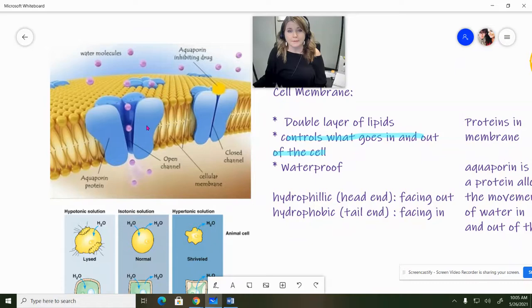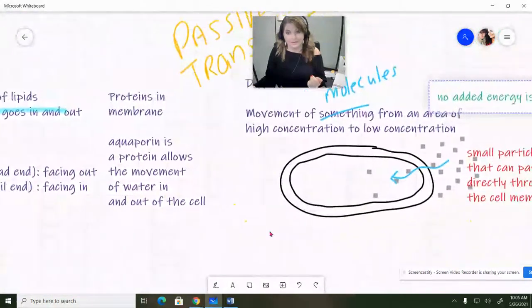So these work for molecules that are maybe a little bit bigger, so they can't diffuse directly through the cell membrane, or in the case of water, they can't pass through the hydrophobic parts of the cell membrane because that repels water, so it needs a doorway to be able to get through. But it still goes from an area of high concentration to low concentration. It just passes through the protein doorway, right?